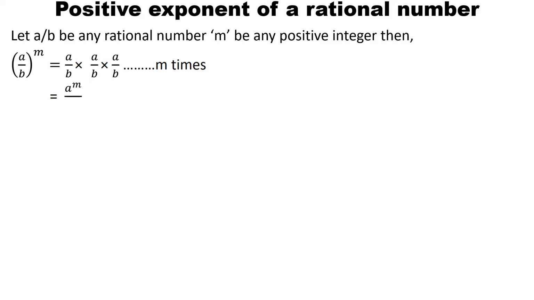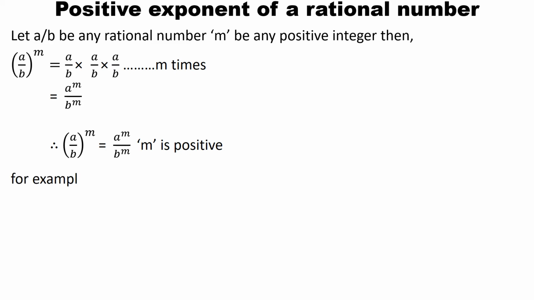We get a power m by b power m. So we are following a formula, that is a by b whole power m is equal to a power m by b power m. So we have to remember this formula. Here m is a positive integer.